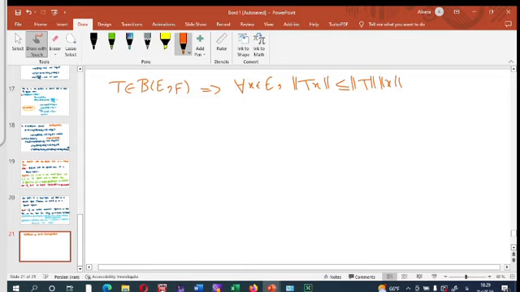This norm is in F and this norm in E. This is very trivial because this is the operator norm, okay? The operator norm.